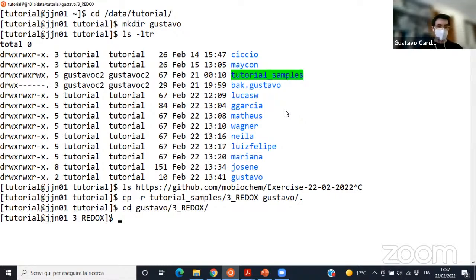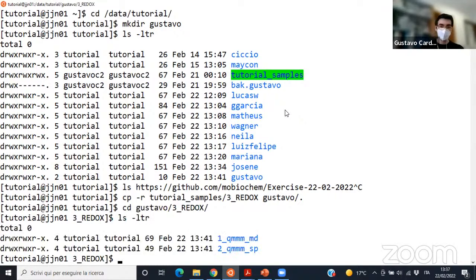As you can see, we can see the 2 parts of the tutorial. The first part is going to be a QMMM MD simulation, as I said before. And in the second part, what we are going to do is use 2 classical MD simulations, and we are going to perform so-called single point QMMM computations on an ensemble of geometries obtained there.